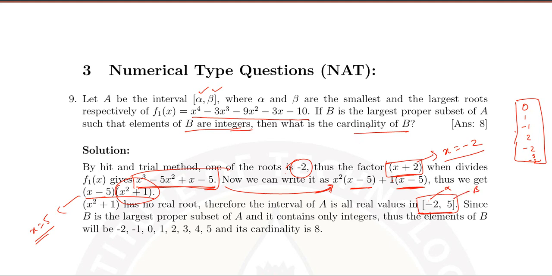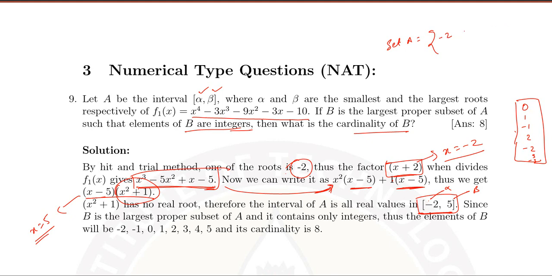Now the other part says B is the largest proper subset of A such that B are integers. Now we have set A which contains elements from -2 to 5, right?